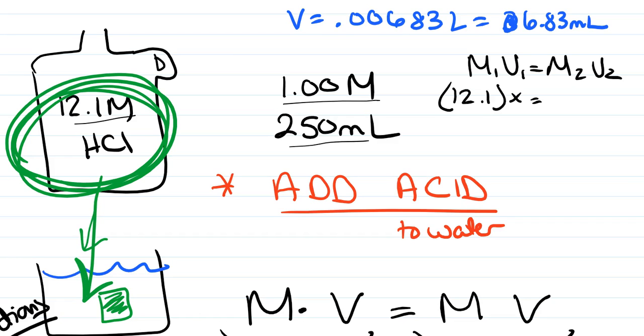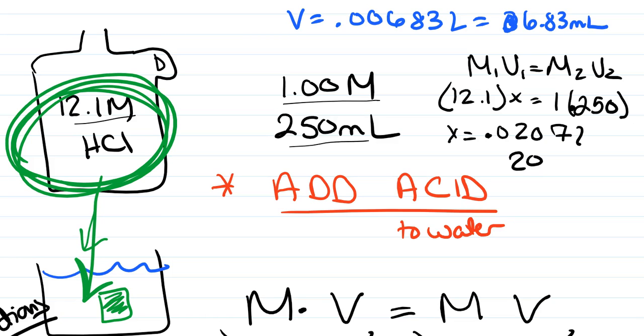That's going to equal the concentration of my dilute solution, the 1, times the 0.250 liters. Which, when I do the math, gets me 0.0207 liters, or 20.7 milliliters.